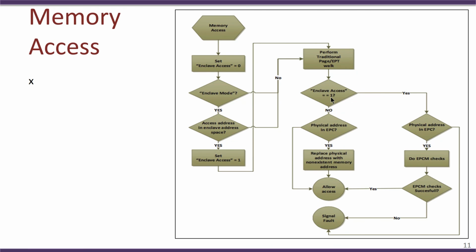In this case the enclave access is indeed 1. So, we come to this part of the flow and check whether the physical address is in the EPC: yes. Now, this is the part where we look into the EPCM, check the various permissions and so on, and ensure that this particular EPC page to be accessed has indeed the right permissions to permit that particular access. If these permissions are successful, then you allow this particular access, else we will create a signal fault.